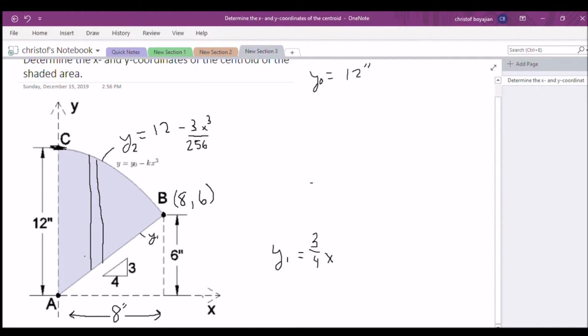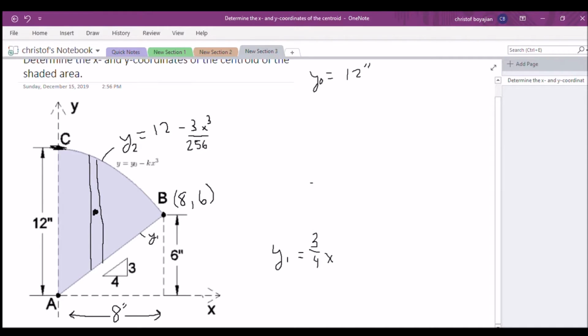We're not introducing a new equation at 6 when x is 6. There's not another equation over here that's going to interfere. So we can safely make a cross section in this direction from 0 to 8.